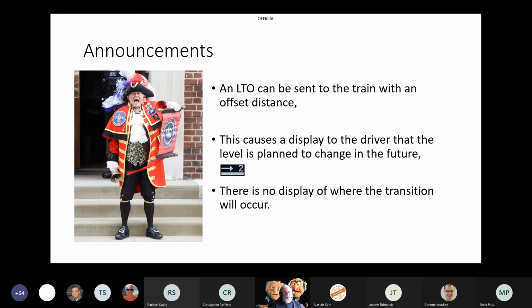However, the information we supply to the driver is only partial. There is no display to the driver of how far it is before the transition will occur. It could be a kilometre away, it could be 10 kilometres away if we send the information very early. It is just to give the driver a warning.